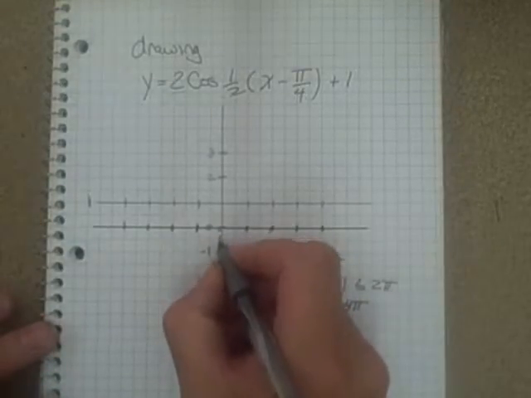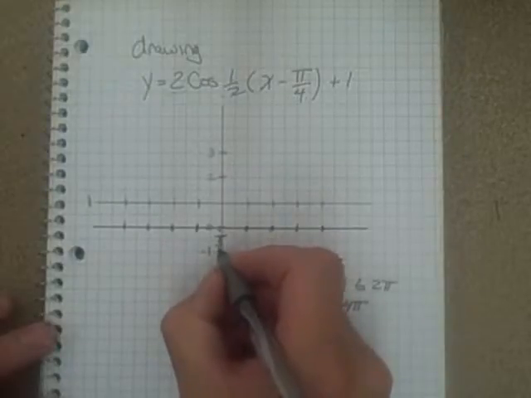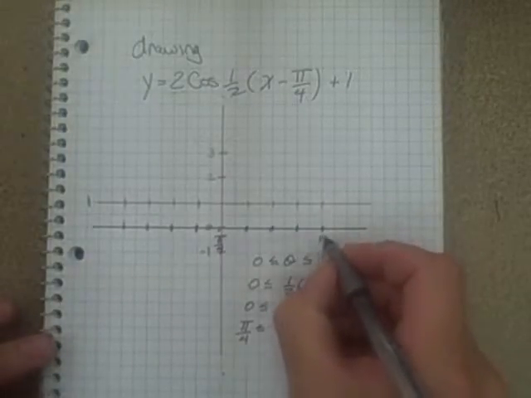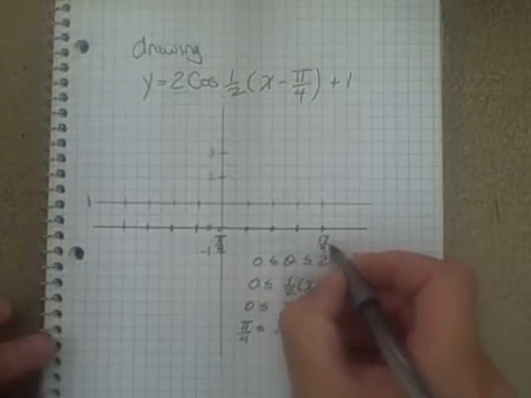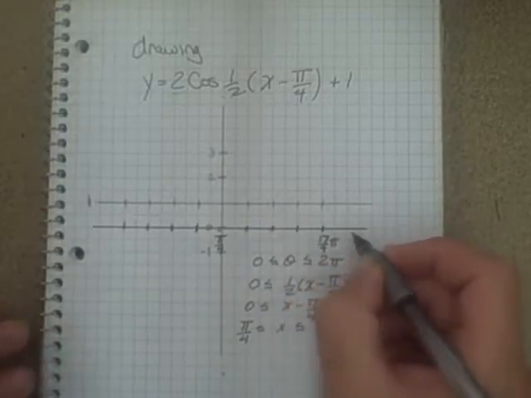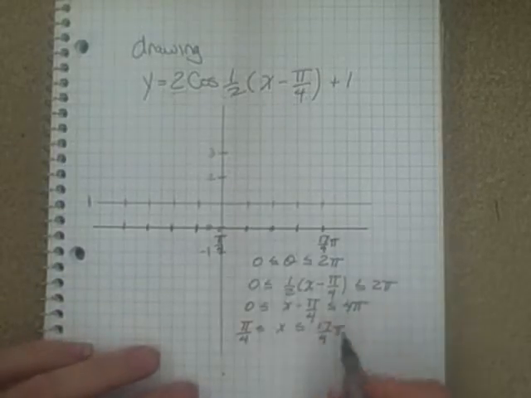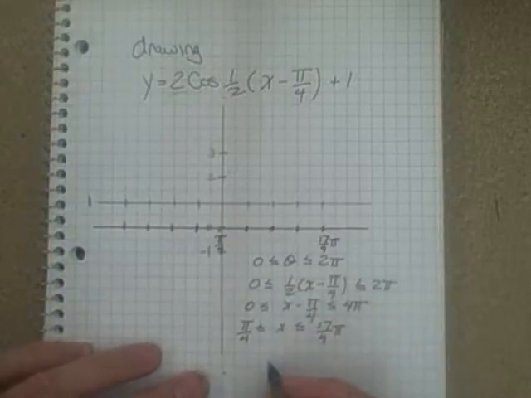This ends up being right here a quarter pi, where the final part of the positive period, where it ends, it ends up being 17 over 4 pi. So to get halfway in between, we have to add the 2 and divide by 2 to get this halfway mark.